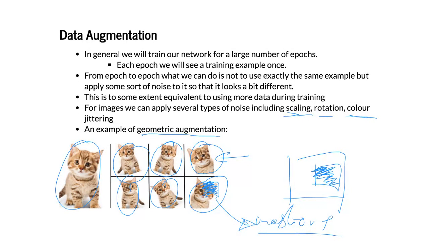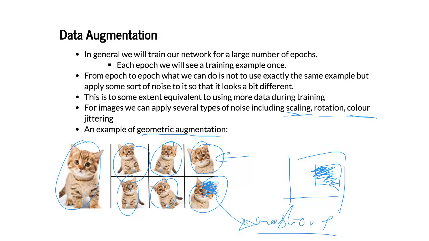Yes, each epoch you will see the same example, but it will have a different type of augmentation, okay? So it will look a little bit different, okay? You can also apply some sort of stochastic random method, but these are not used so much.